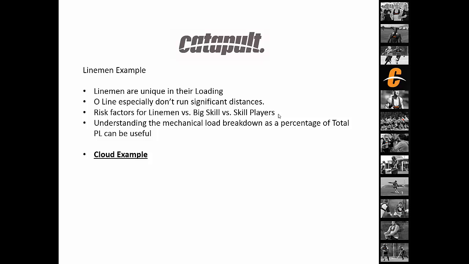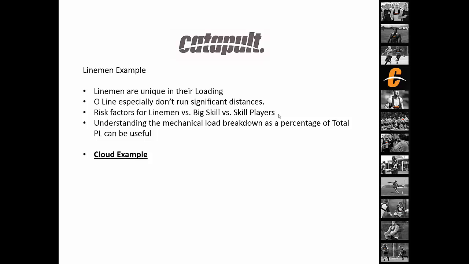So this is what we want to see and start to quantify and start to have a ratio that, even, I like the thought of just a 50-50 ratio. So how much of the total player load was attributed over 2 player load threshold, and how much of it was under. And you'll start to get a feel, I think, for what's normal for your lineman.